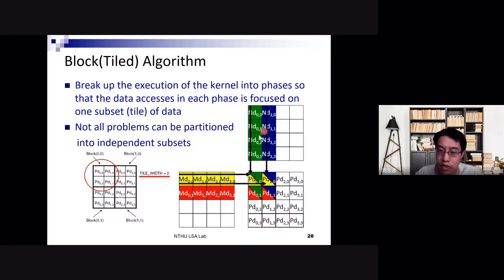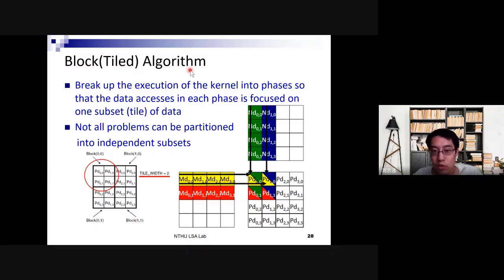Okay, and you can see that in order to compute this square, right, we need to load 2 rows from A and 2 columns from B. Then we can compute this region or this block, right? Okay, so this is just the concept. So that's why this class of algorithm is called the block algorithm or tiled algorithm.